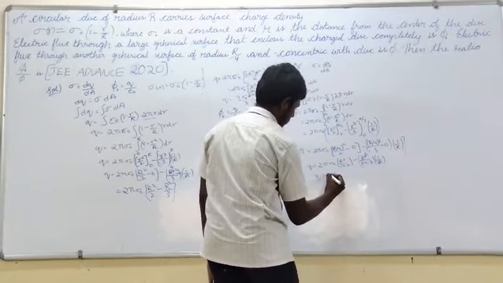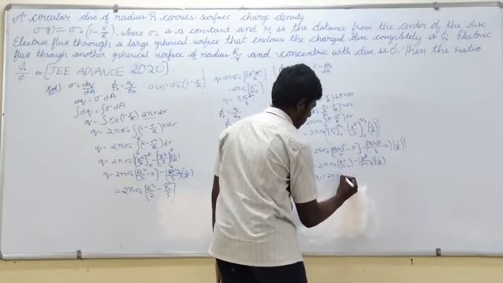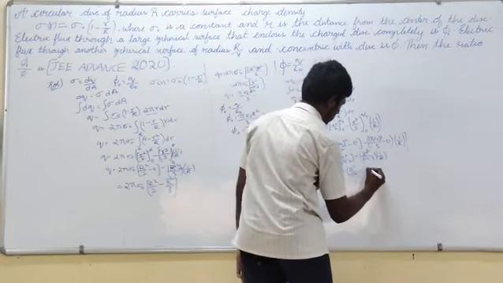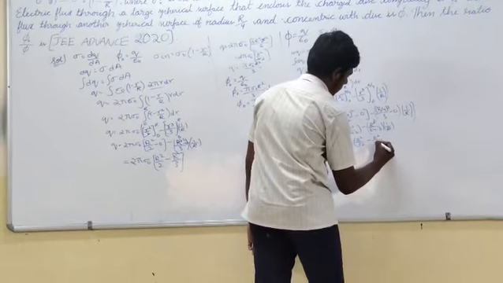Q is equal to 2 pi sigma naught, R square by 32 minus R square by 192.